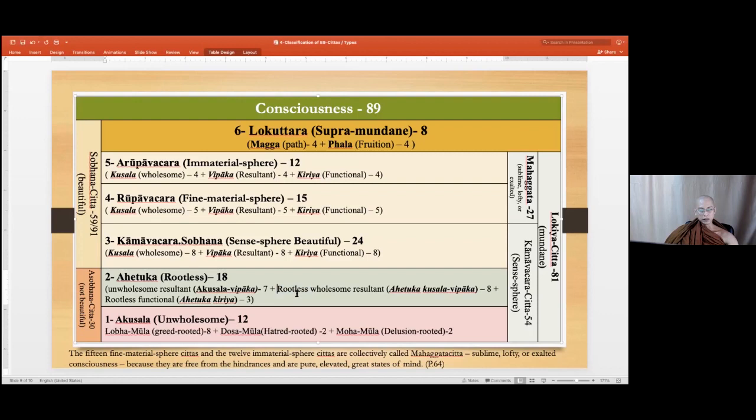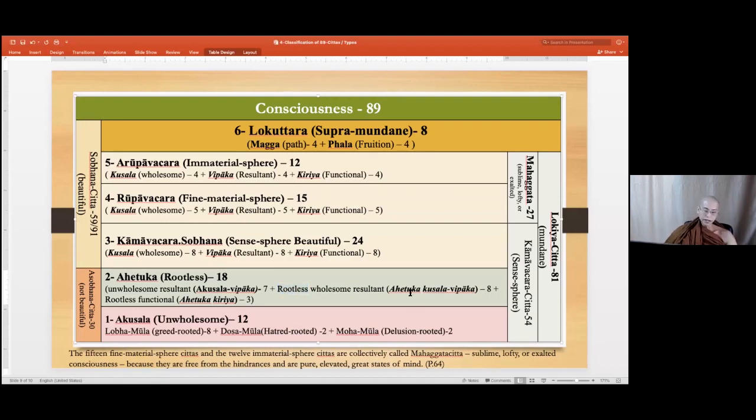In order to make a difference from the other types of resultant here, the kamavacara resultant, rupavacara resultant, and arupavacara resultant, which have another classification of resultant consciousness, we need to add the word rootless, in Pali ahetuka.